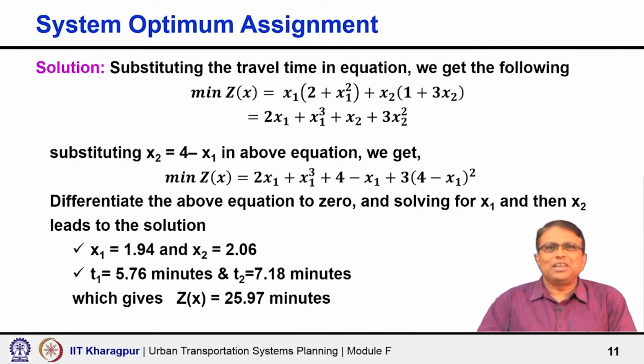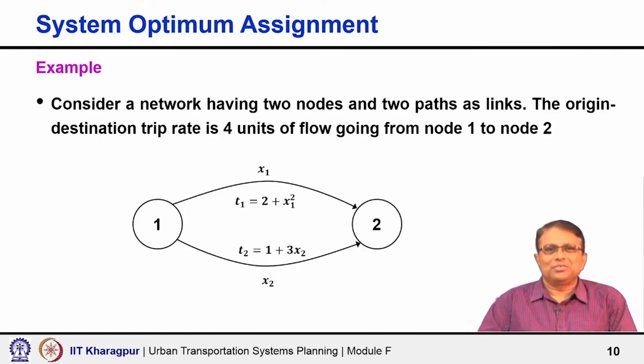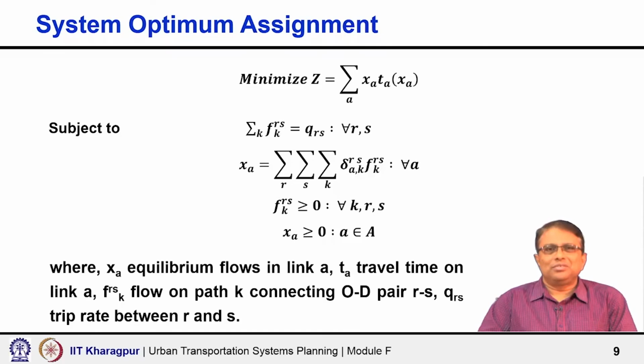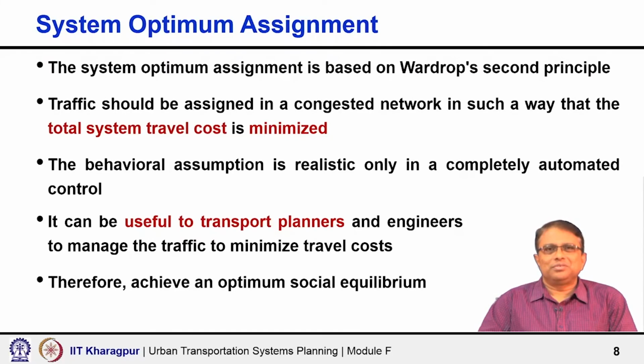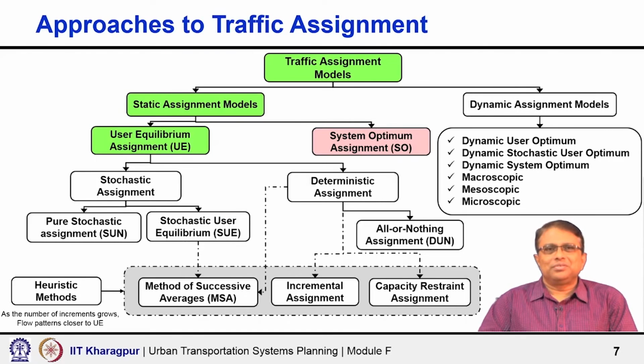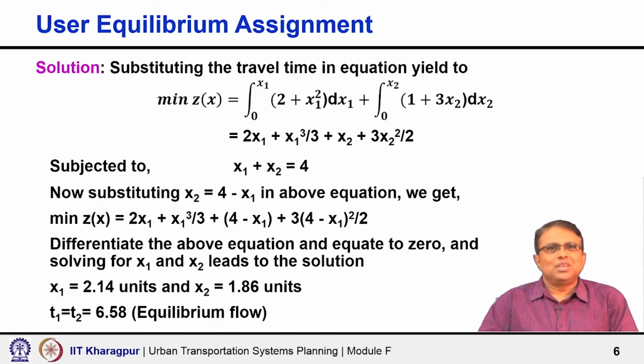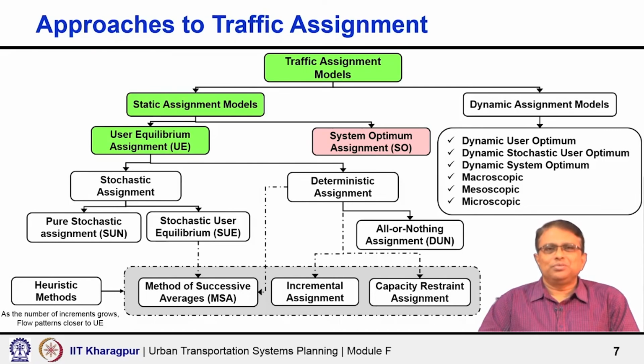How much you got there? Let us go back. We got x 1 as 2.14, x 2 as 1.86. What we got now?